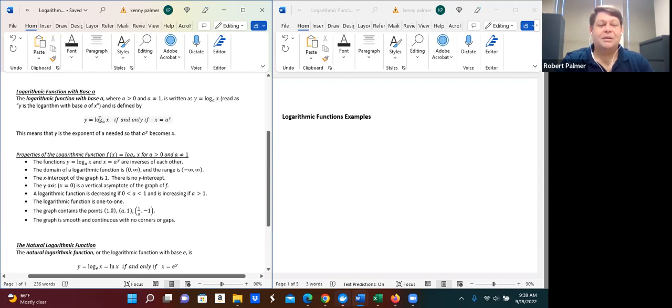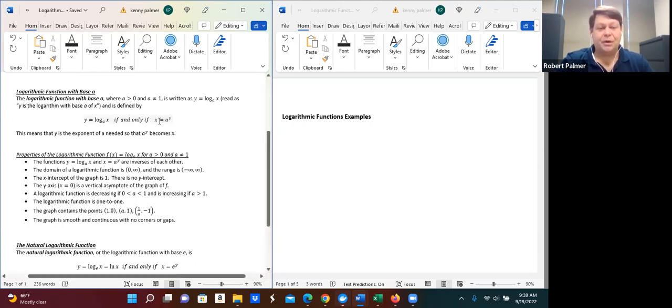Now, this next statement is a mathematical statement. y equals log base A of x if and only if x equals a to the y. The mathematical "if and only if" just means that both of those give us the same information, two ways of saying the same thing.